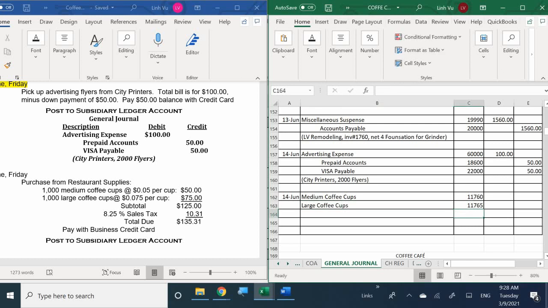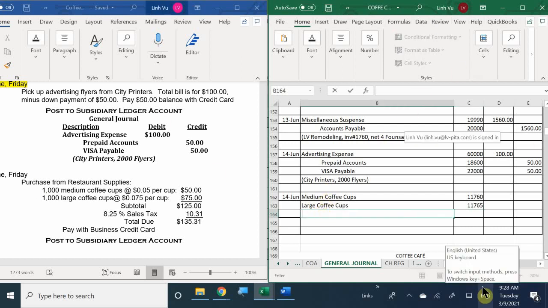Okay, and lastly, I paid with a Visa credit card. Okay, for 22,000. Now, in grand total, how much do I owe? 135.31. Okay, so because we got charged tax, how are you going to split the tax between the 2 coffee cups?